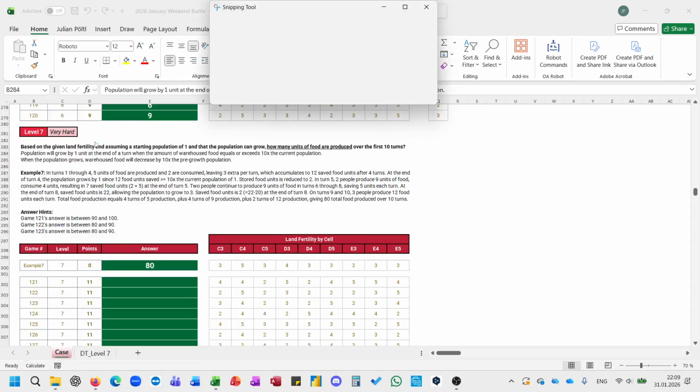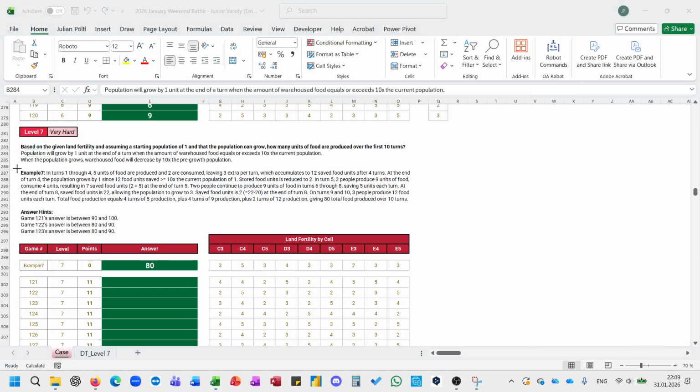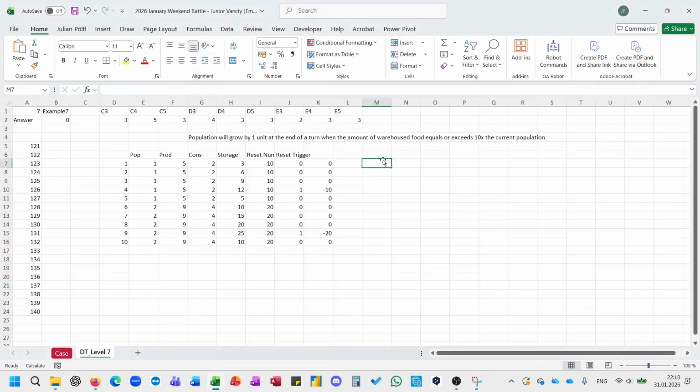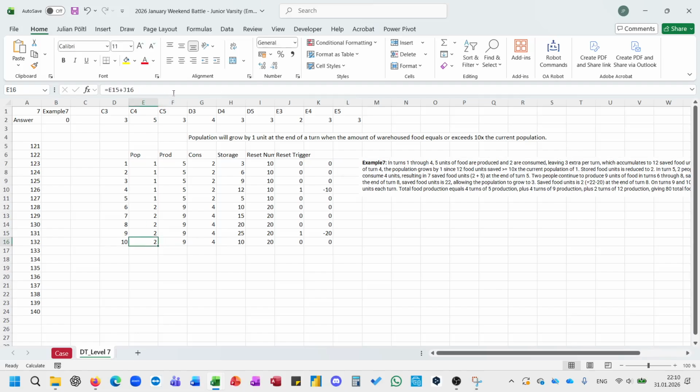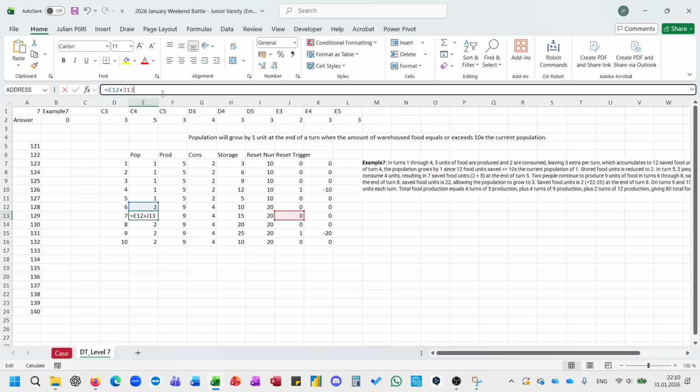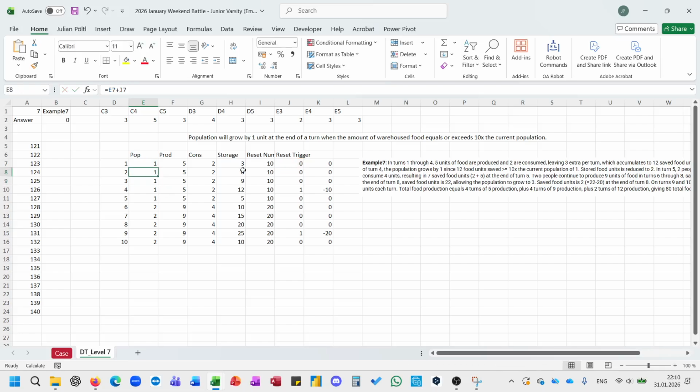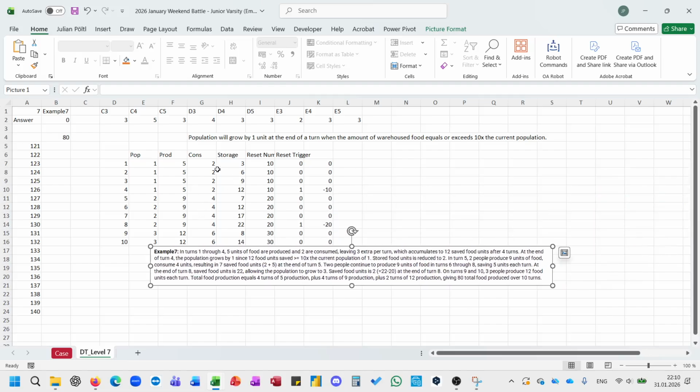Snipping tool. Hours. Yes. Seems to be hopefully right. 1 to 4, 5 produced, 2 over, 12 saved at end.